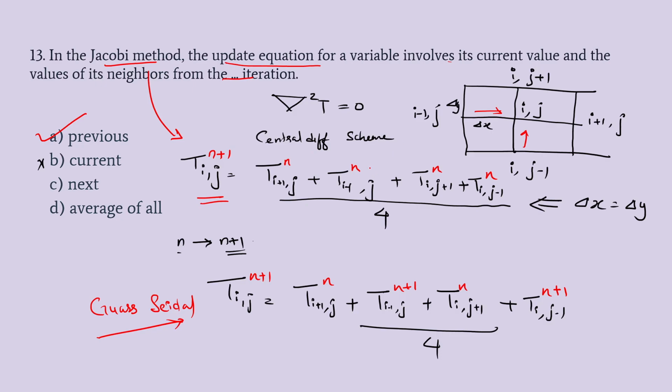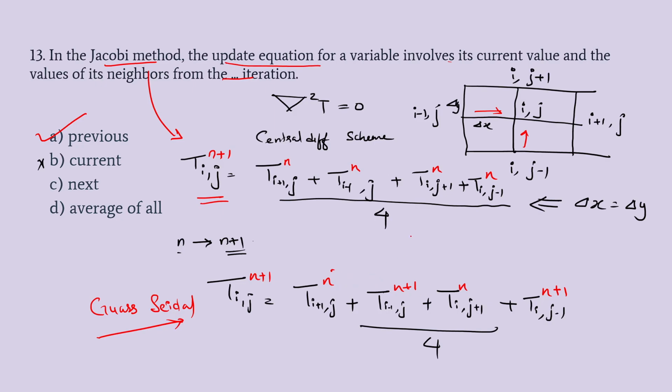In Jacobi, all the values of neighbors are taken from the previous iteration, while in the Gauss-Seidel method, it is a mixture of current and previous.